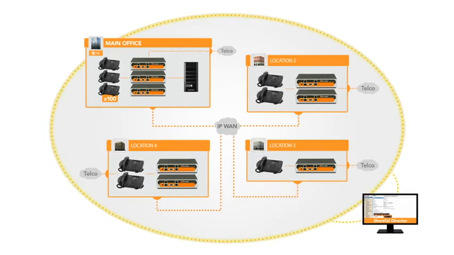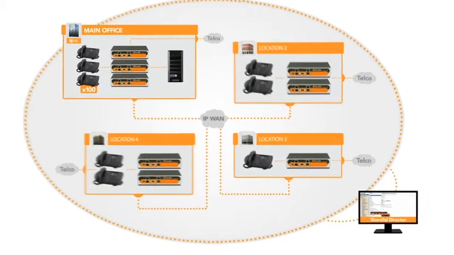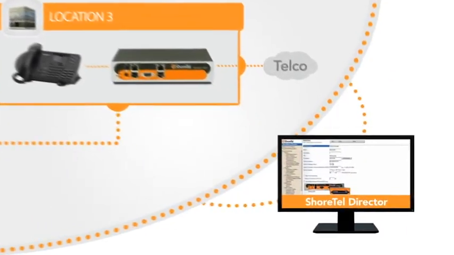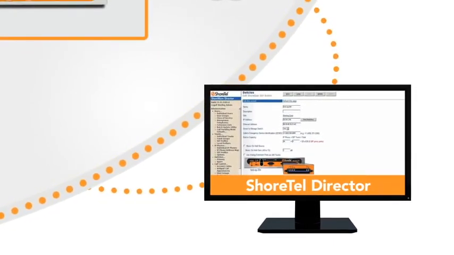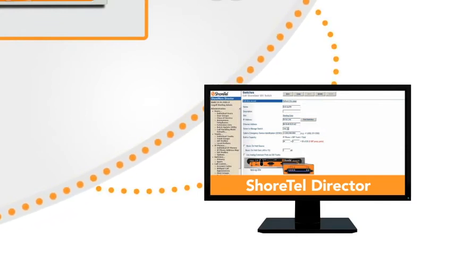They work in tandem. They become one unified system that you manage with ShoreTel Director from anywhere you can access the web. This single image architecture is a signature difference of the ShoreTel on-premises solution. It makes even huge deployments unbelievably easy to set up and maintain.